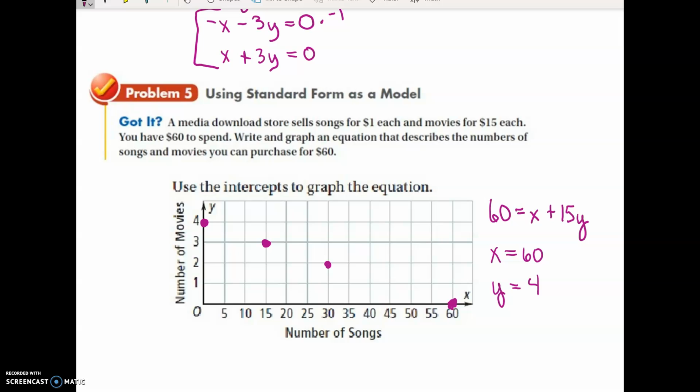So that would work. And a combination of 45 and 1. So all of these points represent different combinations you could have, but I'm not going to connect them together because I know it represents a discrete relationship.